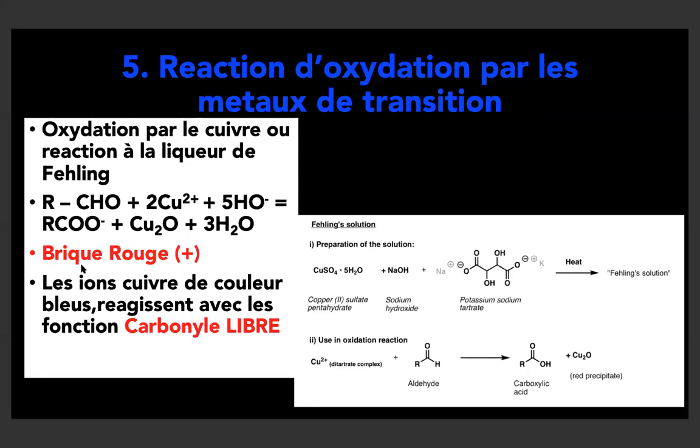And we said there are two conditions. The first condition is that it is supposed to be an aldehyde. If it's an aldehyde, it will definitely react with this complex compound. If it is not an aldehyde, the reaction will be negative.